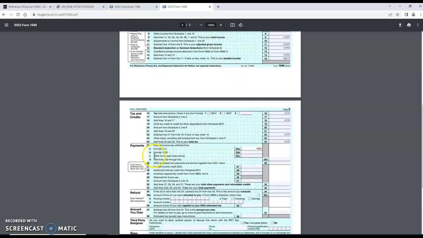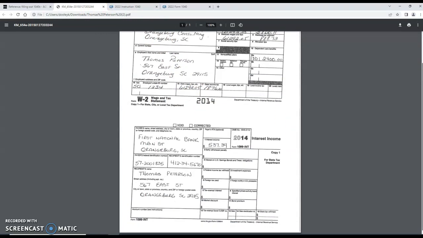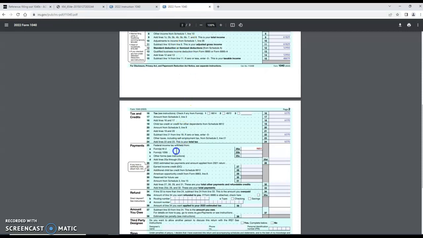Okay, we didn't have any tax withheld from Form 1099. We had a Form 1099. There's various different kinds. This one was a 1099-INT. But box 4, federal income tax withheld, is blank. So we didn't have any there. If we did, that would go on line 25B.